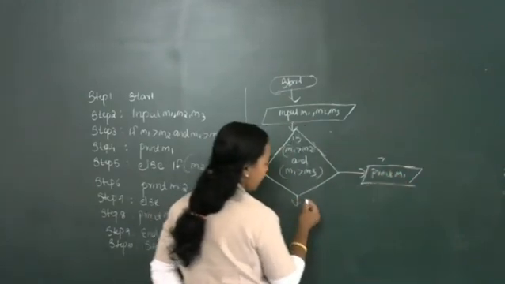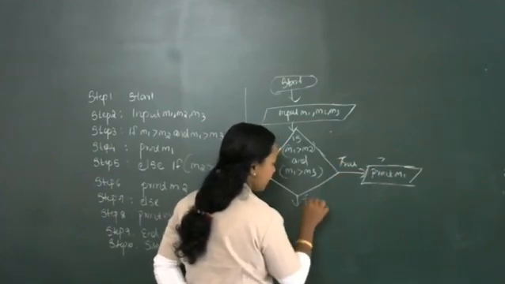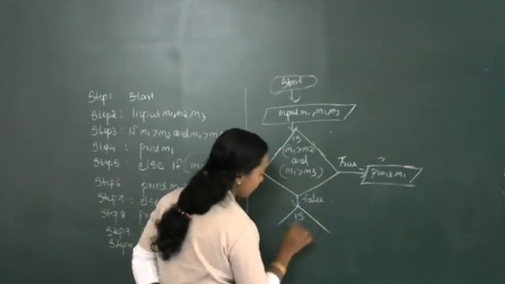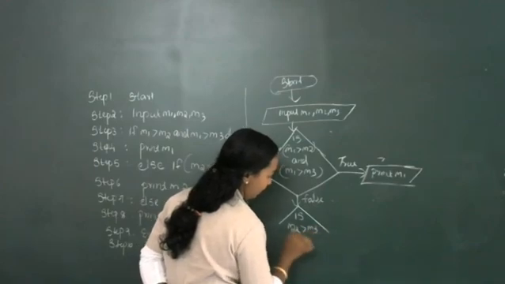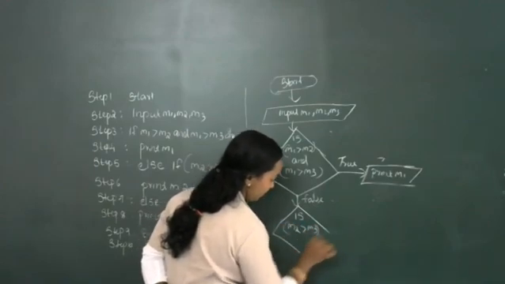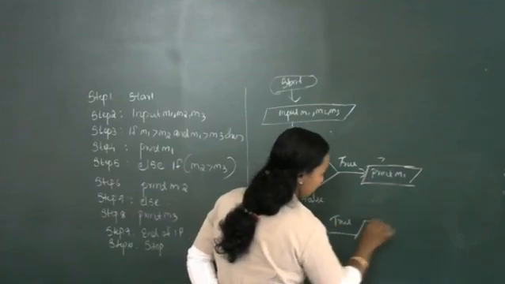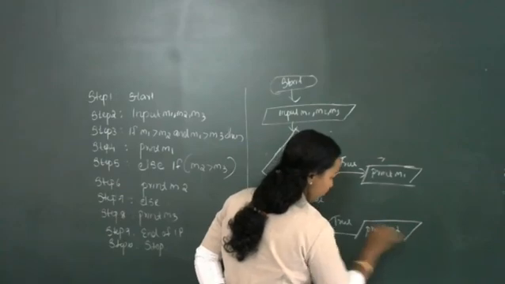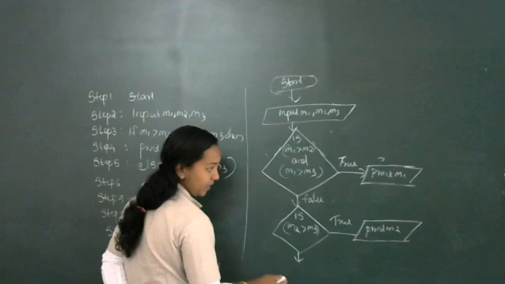If the condition is false, one more decision box. Is M2 greater than M3? True: print M2. Then next step.